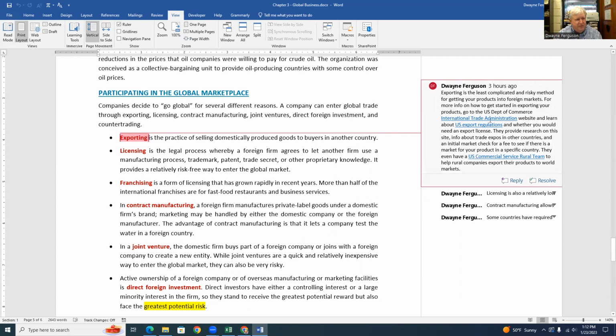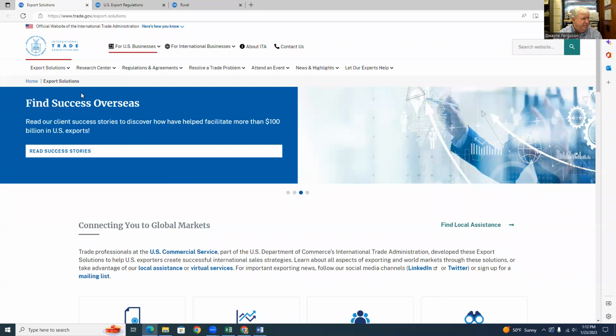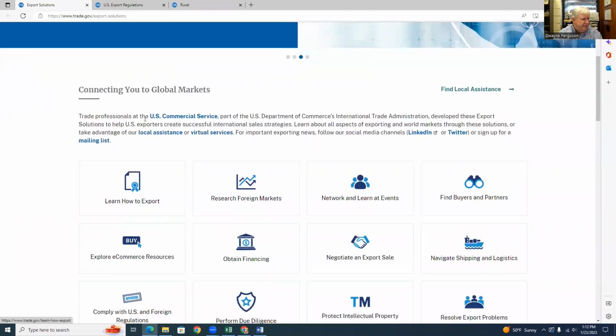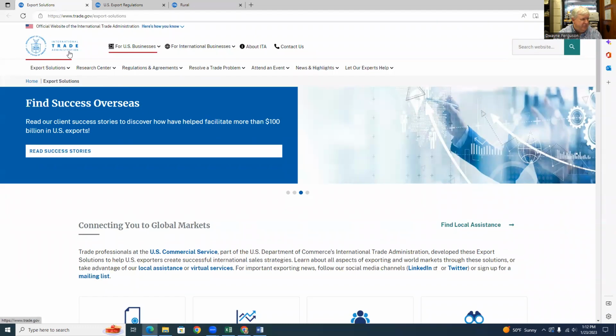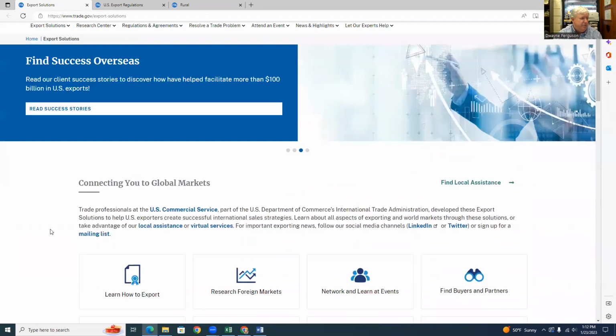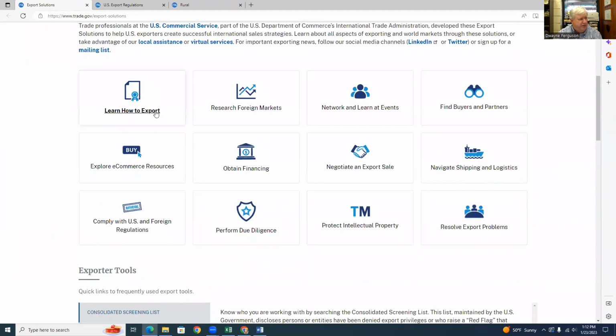What I've done is I've given you links over here to go to the International Trade Administration, U.S. export regulations. They even have a rural team that can help you if you wanted to do exporting. So if you go to, I'm just going to scroll down here. This is the International Trade Administration, which is part of the U.S. Department of Commerce, and you can go in and learn how to export.